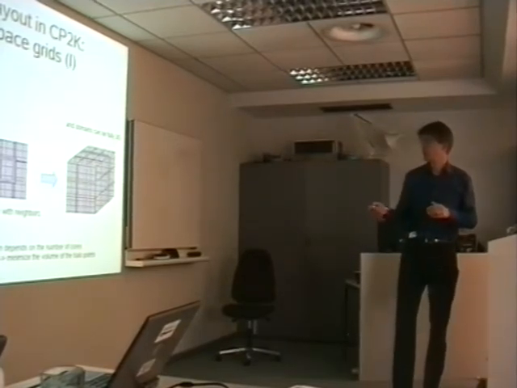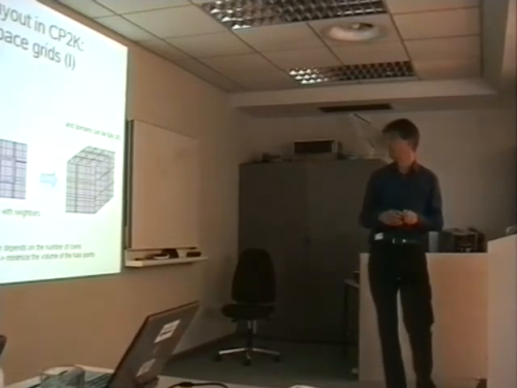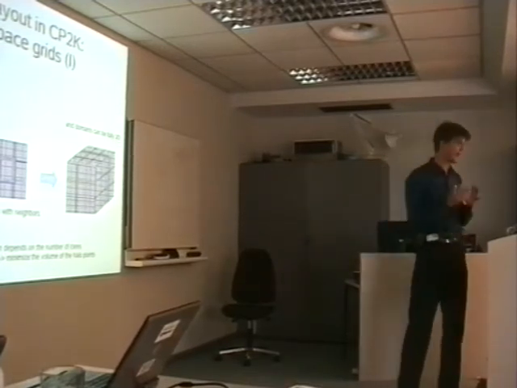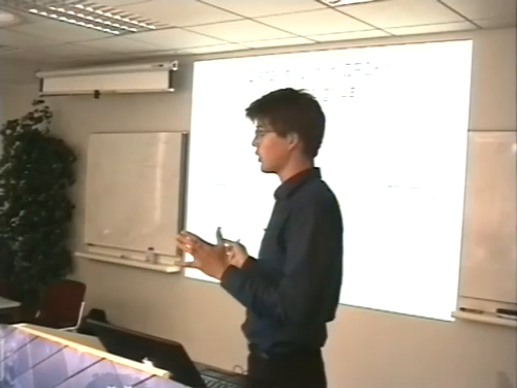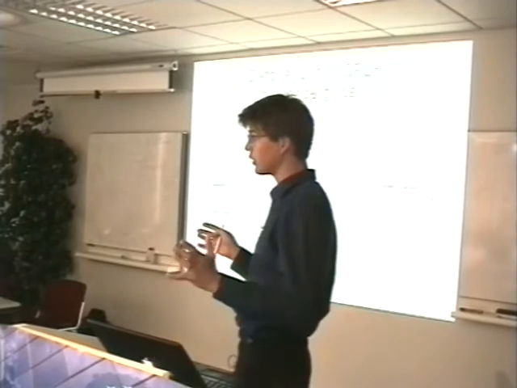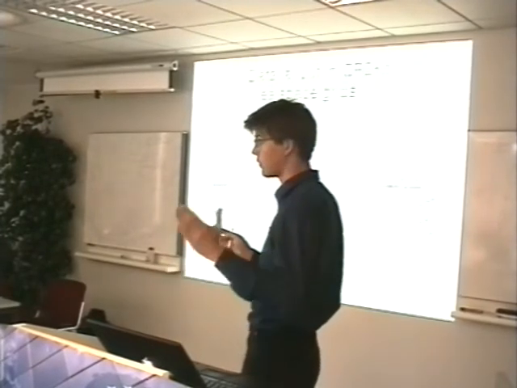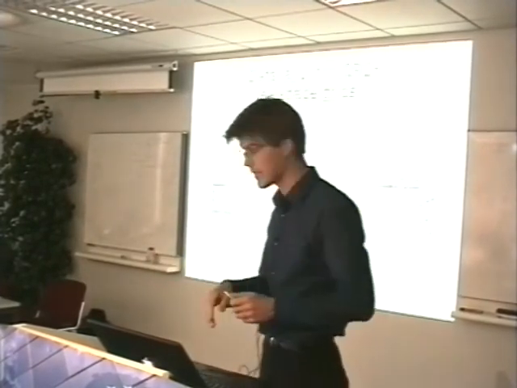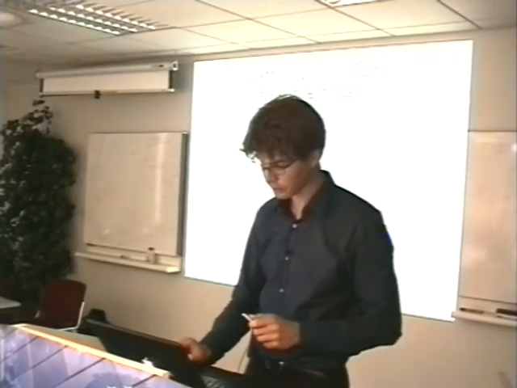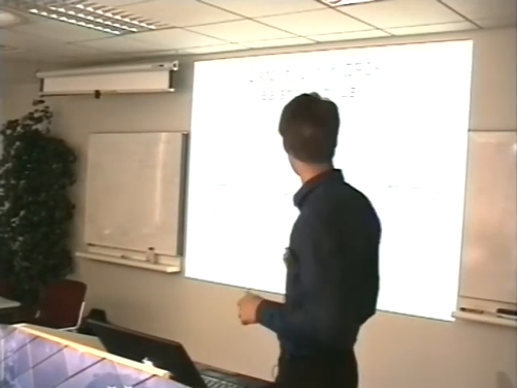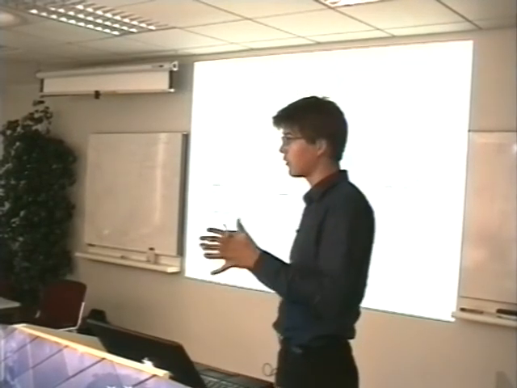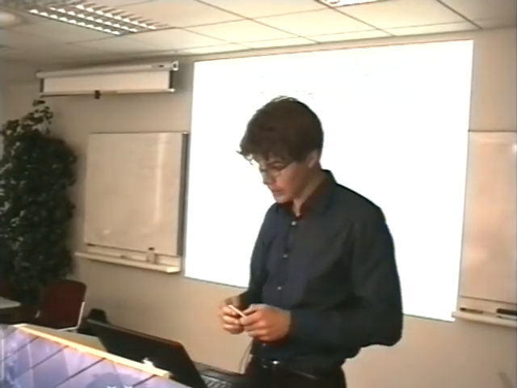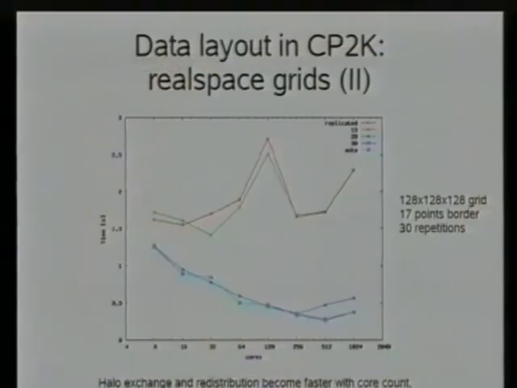Of course, these halos overlap with neighbors, and we can do a full 3D decomposition. The code automatically determines which kind of distribution is optimal, because you would like to minimize the halo volume. Sometimes you can minimize better with a 1D cut, sometimes with a 3D cut. And then, ultimately, you have a halo exchange to have the full data local on each local domain. That's then the cost of the halo exchange.